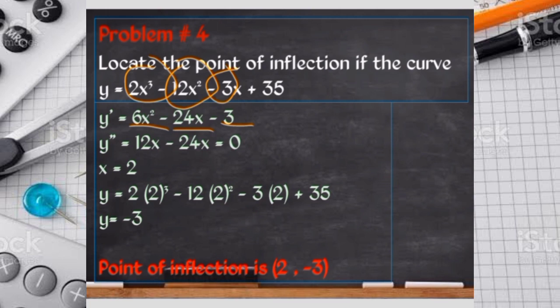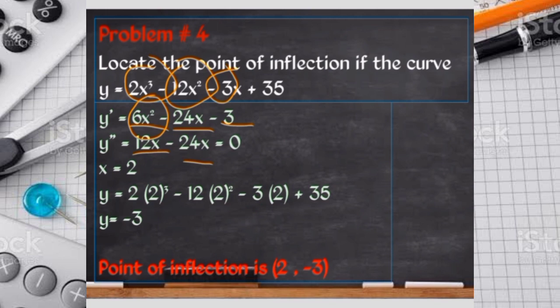y double prime is equal to 6 times 2 equals 12 minus 24, which is equal to 0. So x is equal to 2.